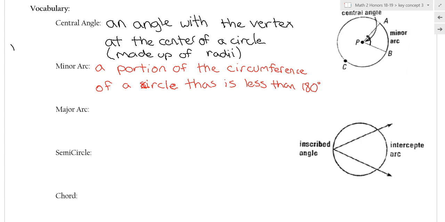Okay, so this would be my minor arc. It's less than 180 degrees, or another way of thinking about it is it's less than half the circle.